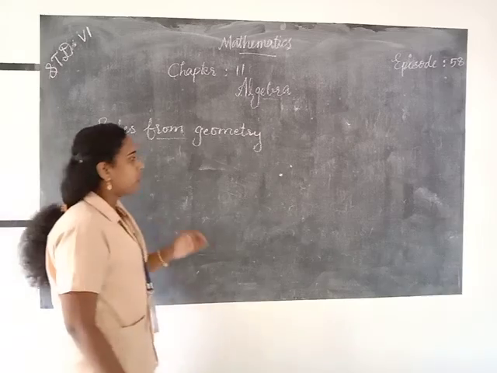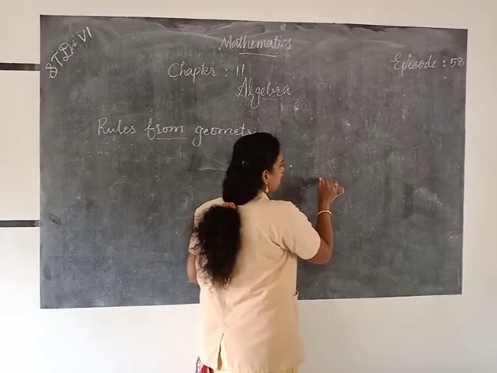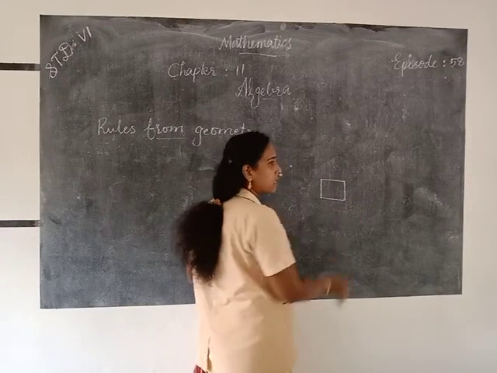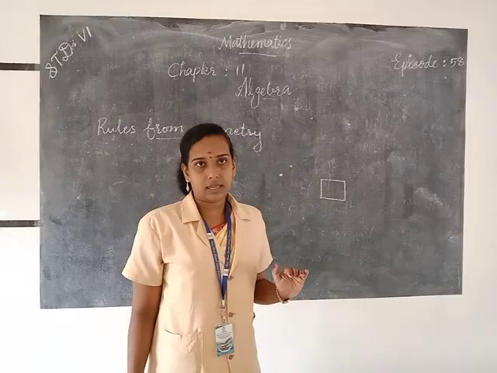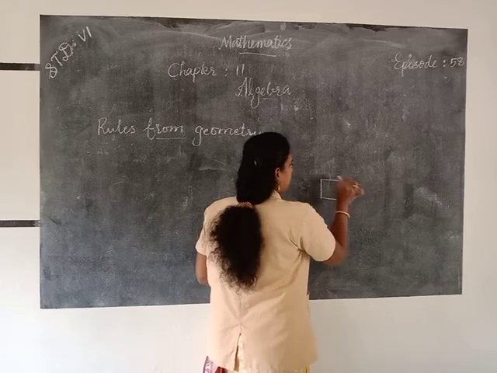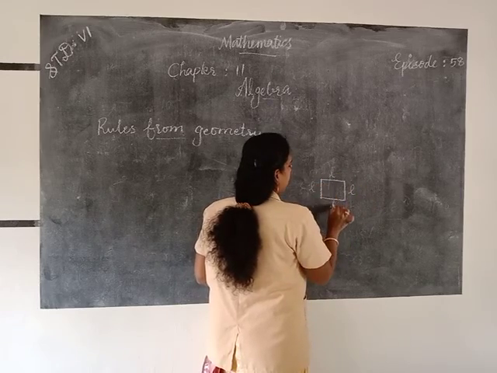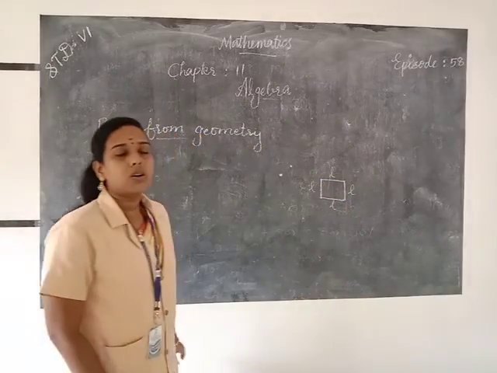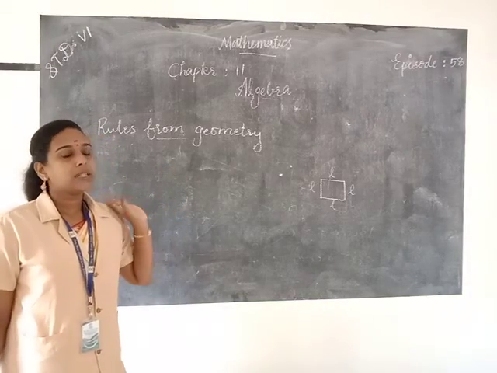We know that a square has four sides, and the four sides are of equal length. Then the figure is said to be a square.